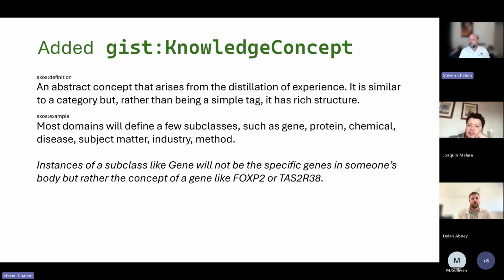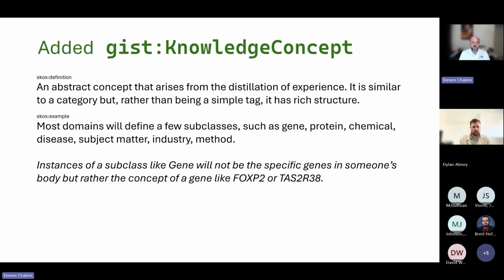But if we want to talk about a gene in a general way, we don't necessarily have a place to hold on to that concept. And so that's something that's potentially a knowledge concept. Just for your information, the FOXP2 gene is the speech and knowledge gene, and the TAS2R38 gene is the cilantro tastes like soap gene.